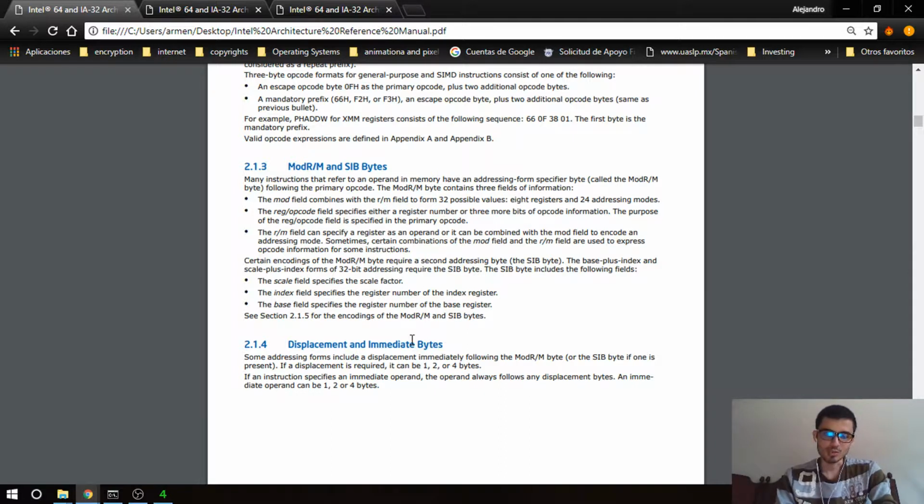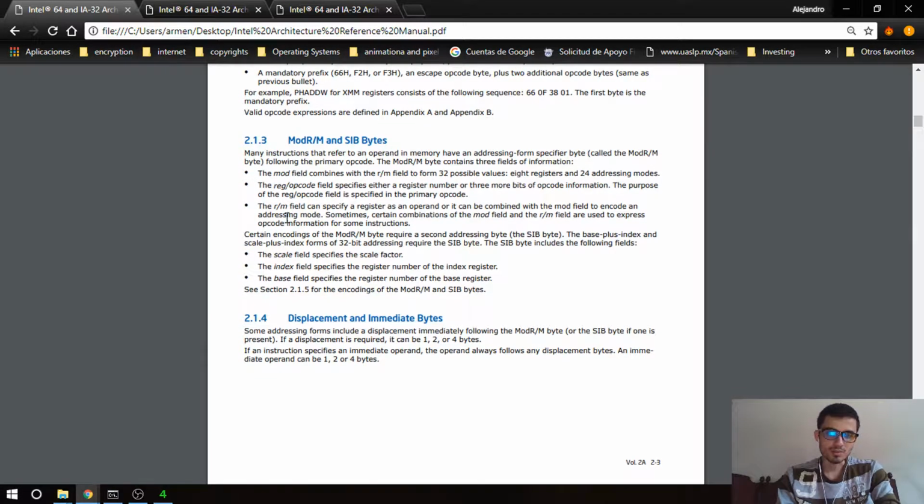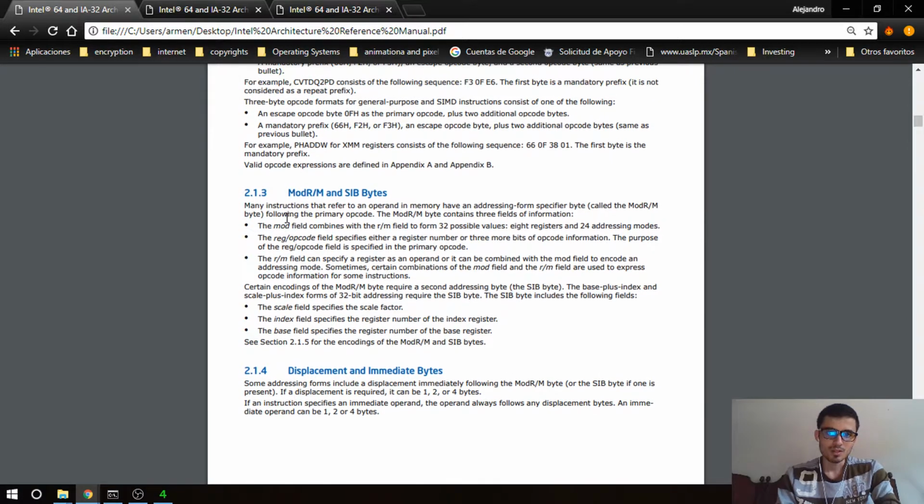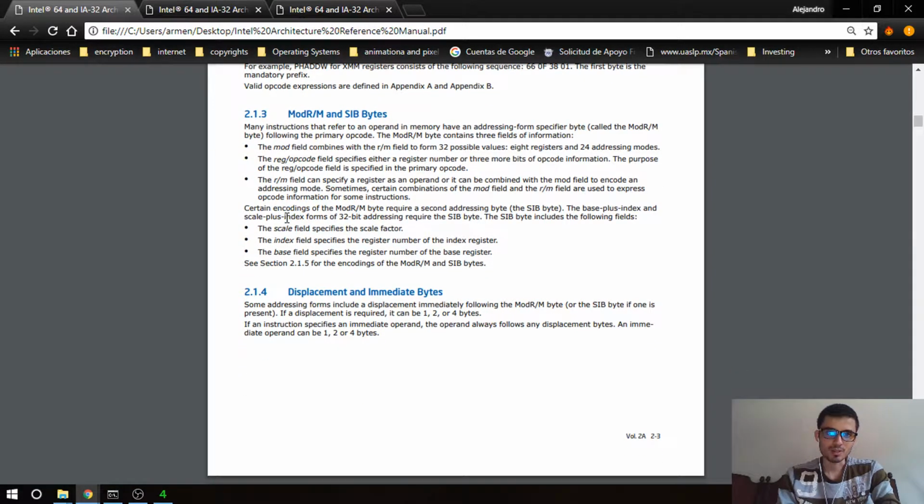The primary opcode defines basically a lot of stuff across the ModRM byte, and for prefixes as well, and probably for other stuff as well. Purpose of the register opcode field specifying the primary opcode. Yeah, so that's the thing. Then the RM field can specify a register as an operand.